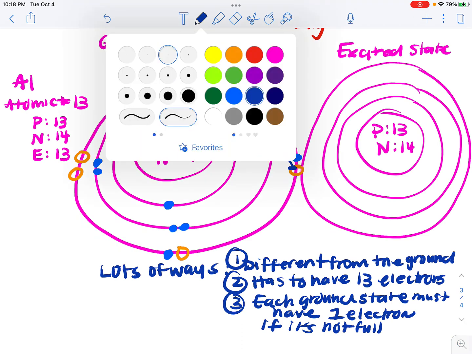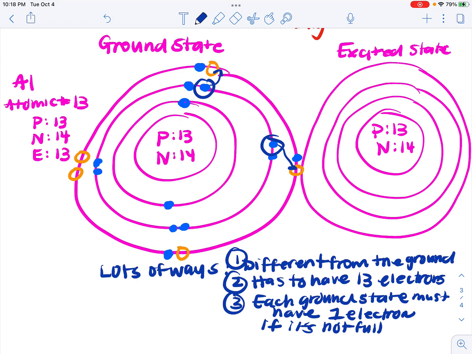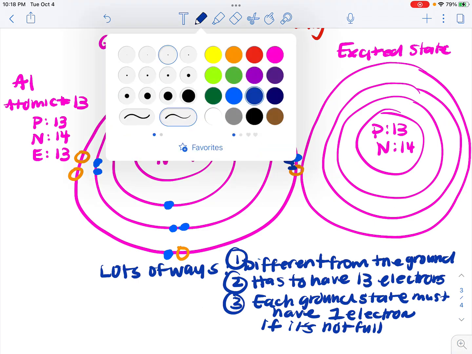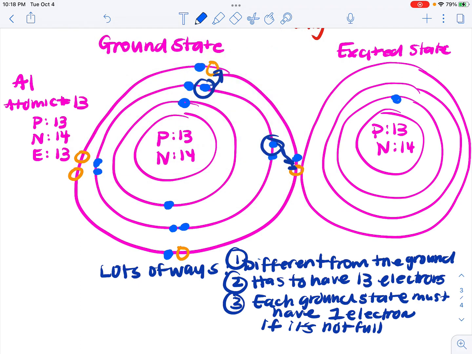Okay, so I'm going to go ahead and just draw a random one. I'm just going to move 2 electrons from the second energy level and put them on the third energy level. So again, my first one is going to stay exactly the same, but now my second one, I'm going to leave 2 of them out, and I'm going to add them to my third.